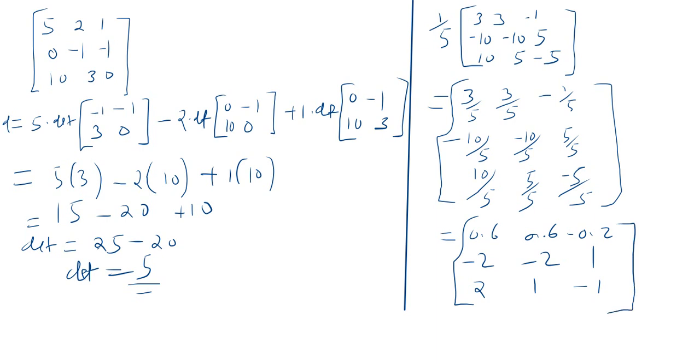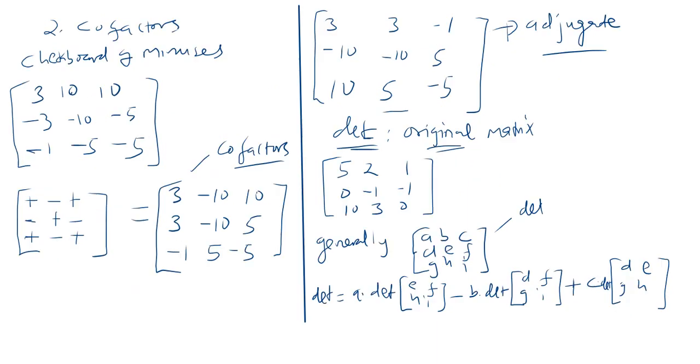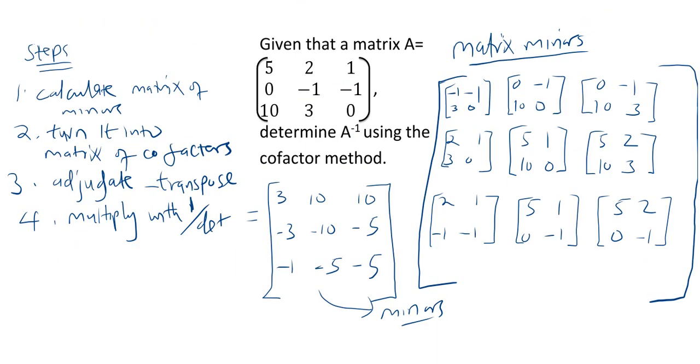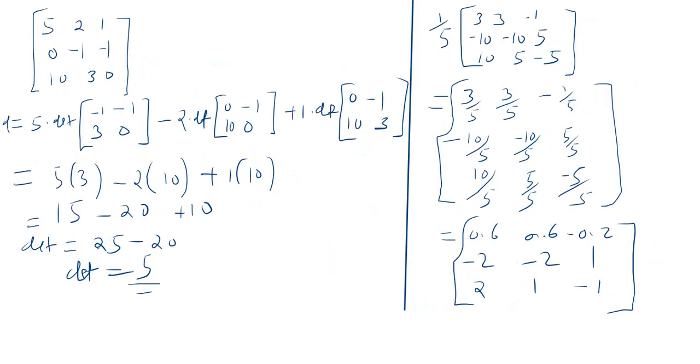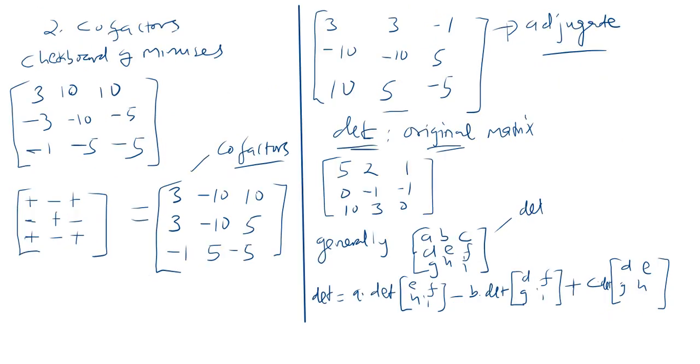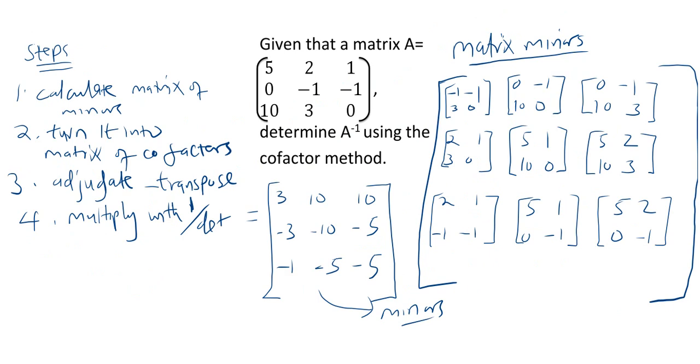So we have multiplied with 1 over determinant, and that gives us our final answer, which is the inverse of A. So you have to follow all those steps in order to get the inverse of a 3 by 3 matrix using the cofactor method.